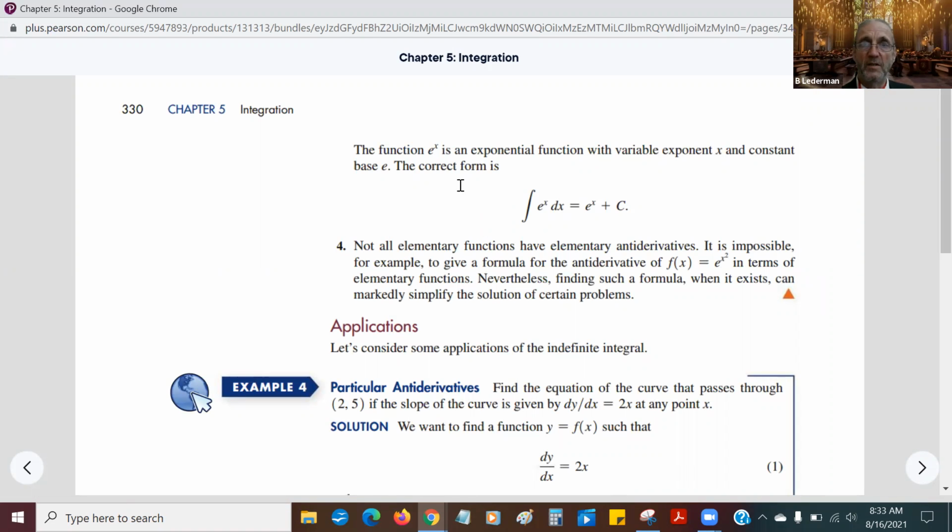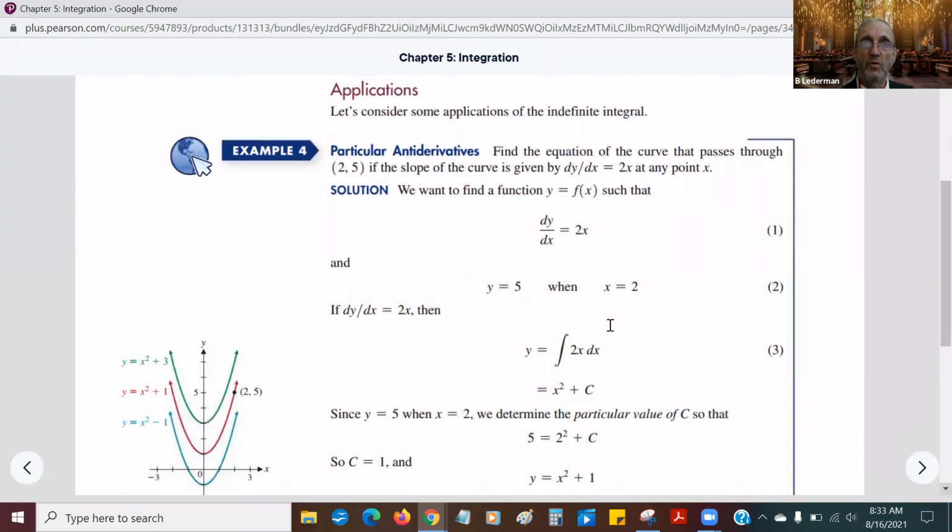Okay, let's look at an application here. Find the equation of the curve that passes through the point (2, 5) if the slope of the curve is given by dy/dx equals 2x.